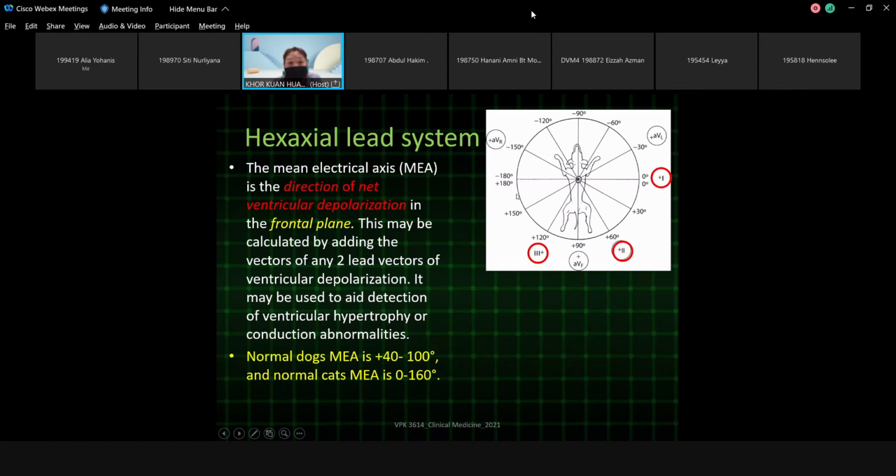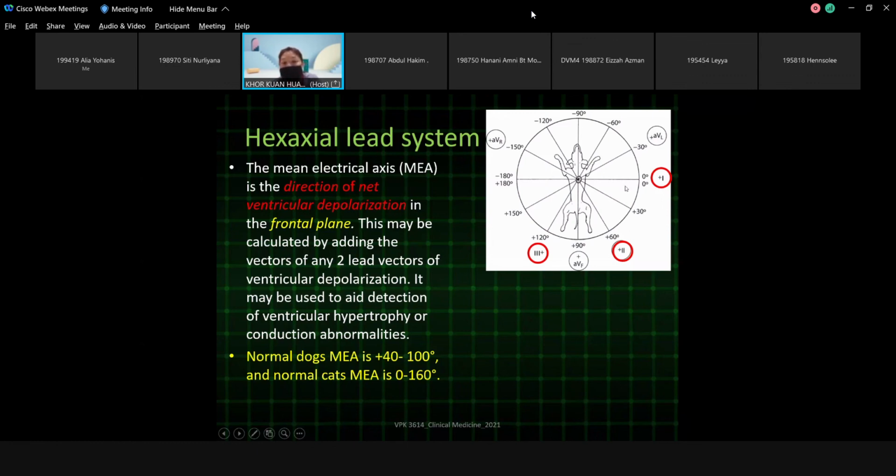It only measures the ventricle positioning. So the ventricle, the point of the heart, the lower part here, can point here and it's normal for a dog. If the ventricle points here, then you know it's abnormal. Otherwise it must be between 40 to 100.